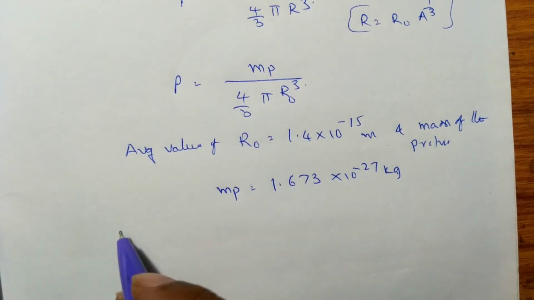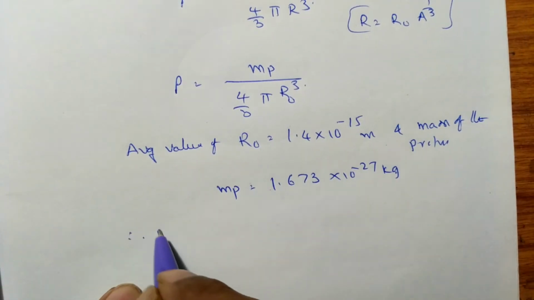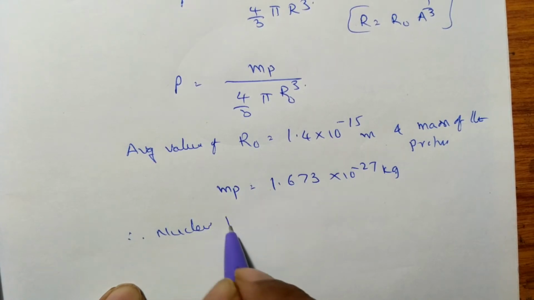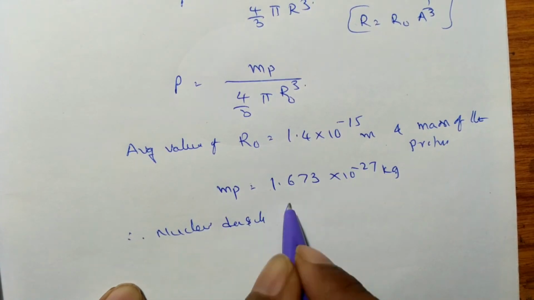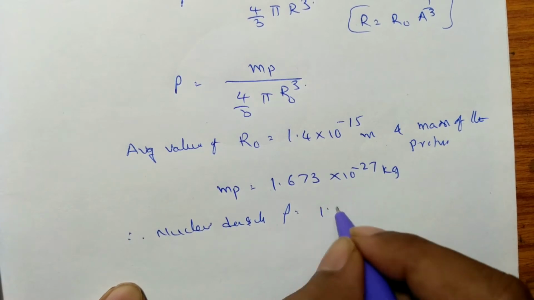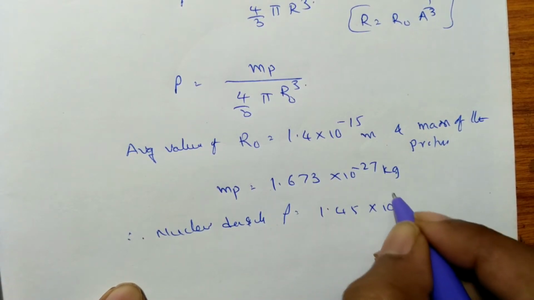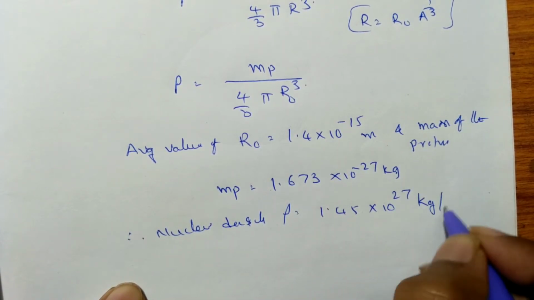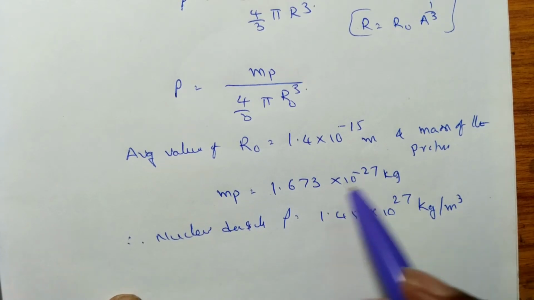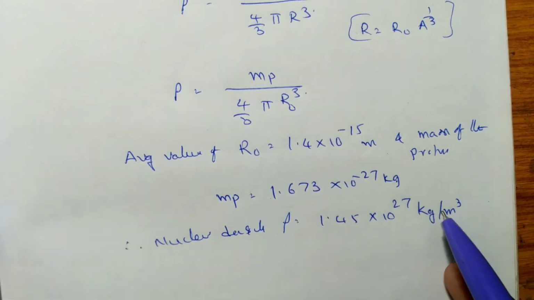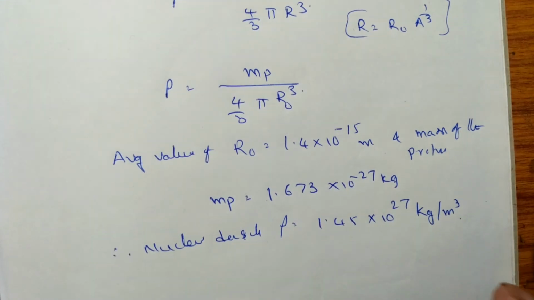Therefore, nuclear density rho is equal to 1.45 into 10 power 17 kg per meter cube. By substituting these values in this equation, we get this solution.